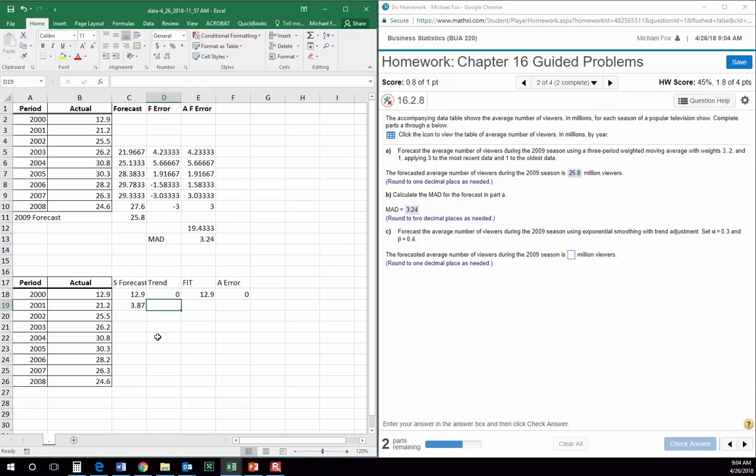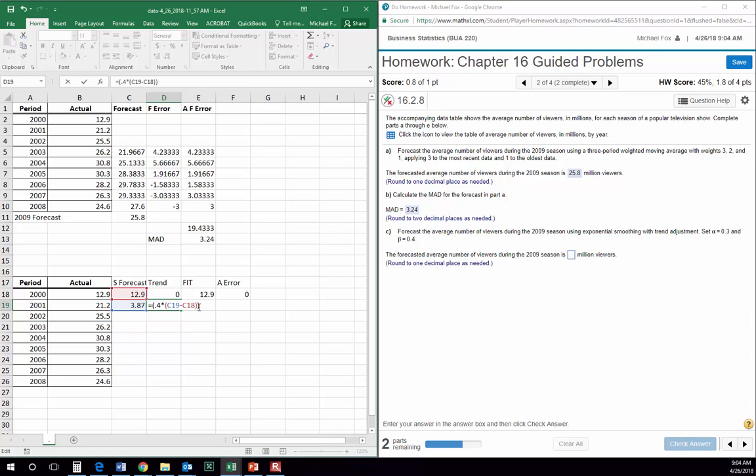The formula for trend is our beta, which is given to us as 0.4, beta times our forecast from this period minus the forecast from the previous period. So what's the trend or change from period to period? Oops, I missed a parenthesis there.